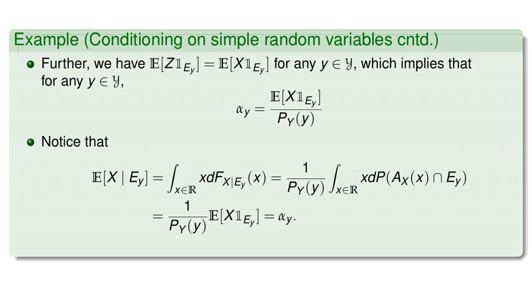This integral equals 1 over P sub Y of y times the integral of x dP of A sub x of x intersect E sub y, which can be shown to equal 1 over P sub Y of y times the expectation of x indicator E sub y. So indeed, alpha sub y is the expectation of x given the event E sub y.